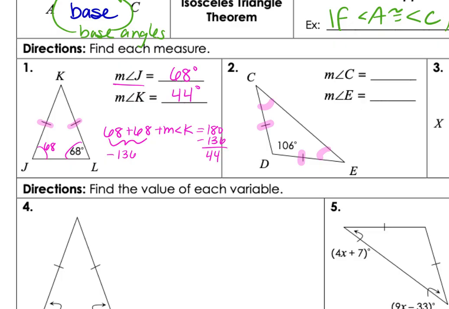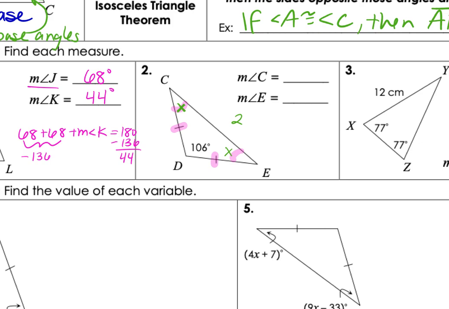And then cut it in half. If that doesn't make sense to you, give this a variable. If this is x, then what is angle E? x, right? If you want to call them both x, then you can say x plus x, or 2x plus that 106 should equal 180. Take away the 106, and you get 74. And then divide by 2. What do you get?